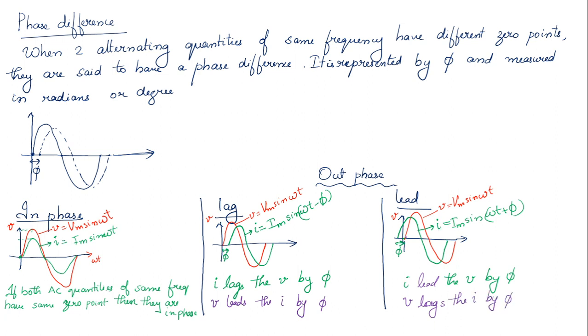See, voltage is this one, current is this one. If I am keeping voltage as the reference, current is leading the voltage. If I am keeping current as the reference, the green line as reference, you can see that voltage is coming only after the current, or we can say voltage lags the current by 5 degrees.